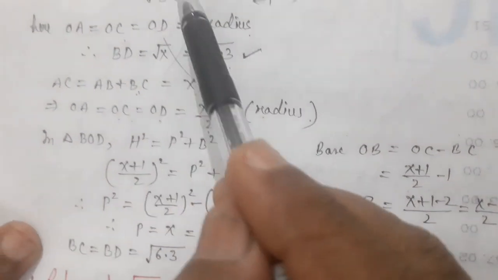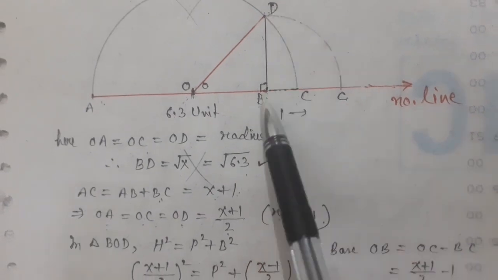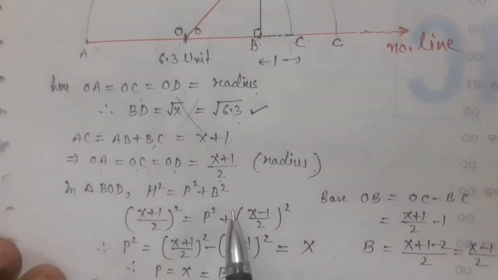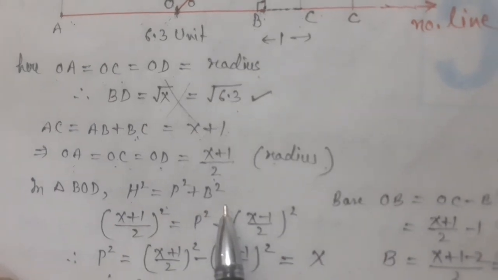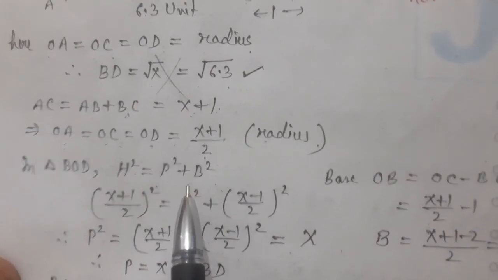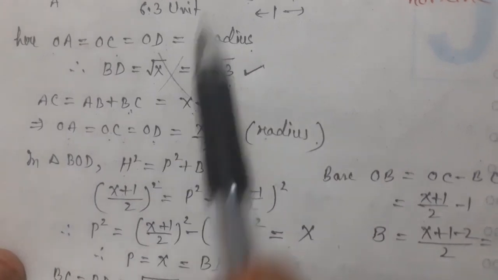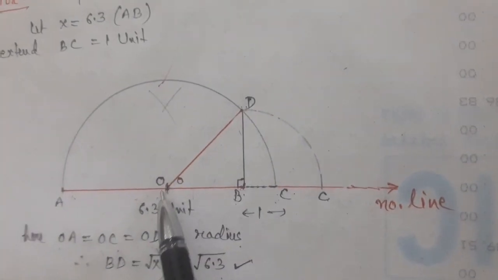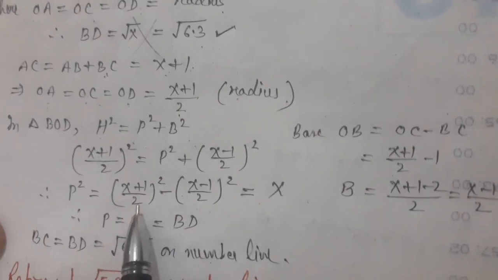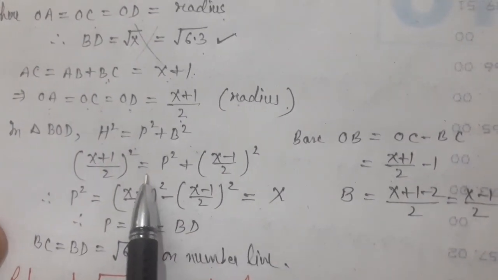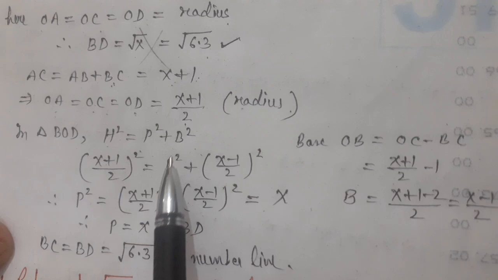Now in triangle BOD, we can use the Pythagoras theorem: hypotenuse square equals perpendicular square plus base square. Hypotenuse is OD, and OD equals the radius, which I have already calculated. So ((x plus 1) by 2) whole square equals perpendicular square plus base square.